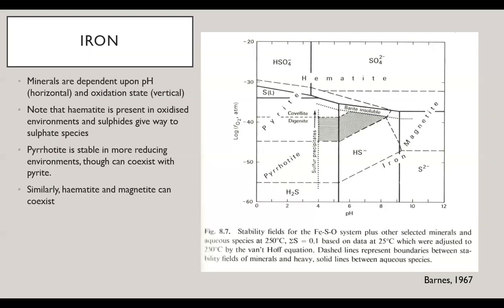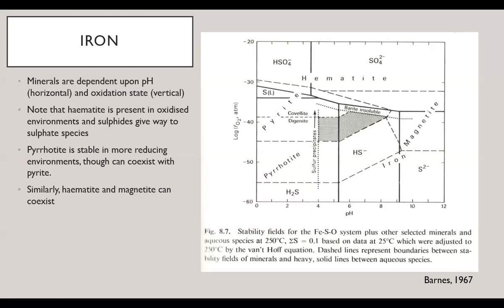So this is just a diagram showing the controls of pH and oxidation state on the stable form of iron. Here's our fugacity of oxygen, and fugacity is really just like an activity. In this case, when we look at oxygen fugacity, just think about it as a redox potential, a redox state.